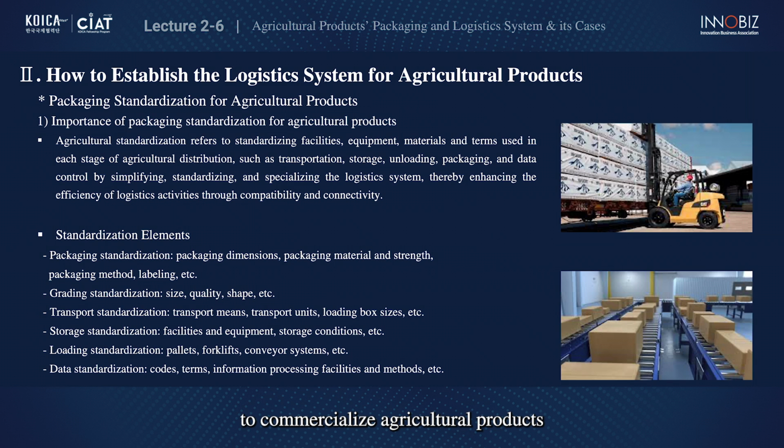To commercialize agricultural products with different properties caused by biological characteristics, you need to classify them according to certain standards and standardize packaging for efficient logistics and product protection during distribution.